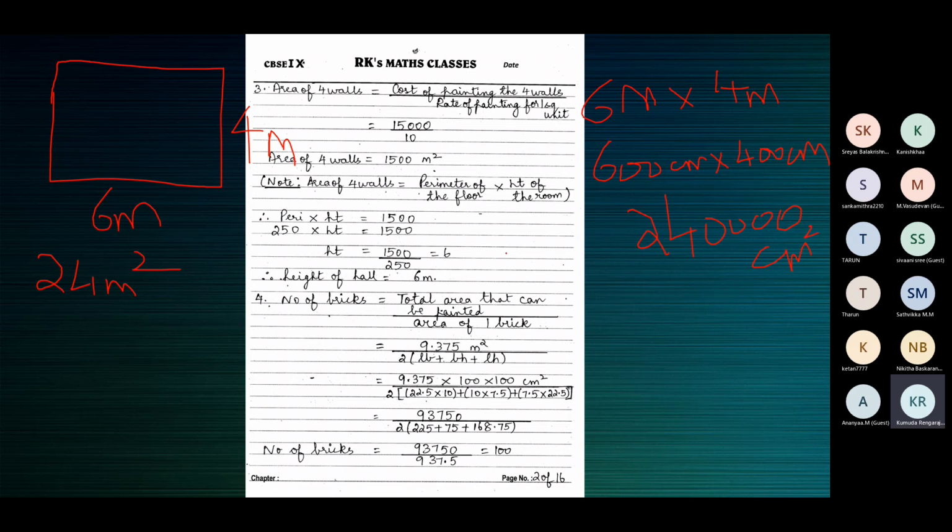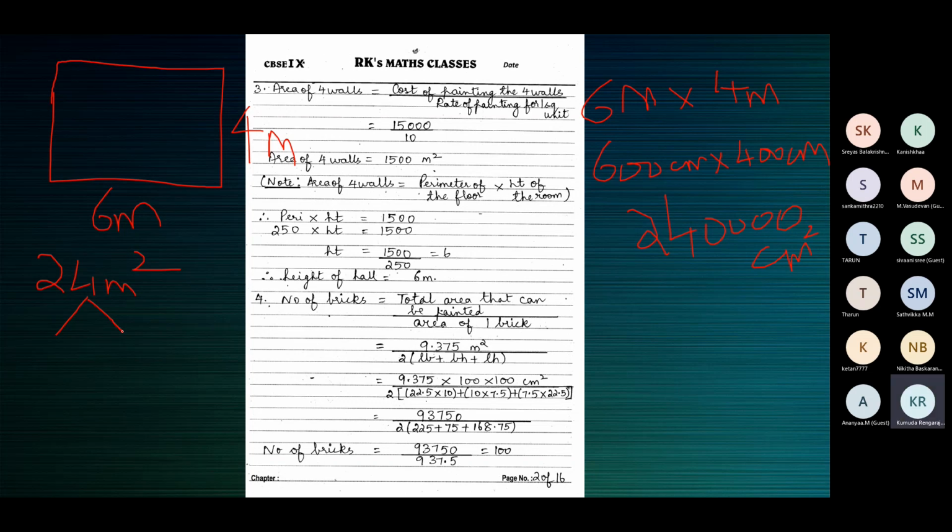centimeters square. So when we have to convert meter square to centimeter square, we must understand that there are 2 values in meters here, each of which is to be multiplied by 100. This area of 24 meters square has 2 numbers in meters, 6 meters and 4 meters, each of which has to be converted to centimeter.